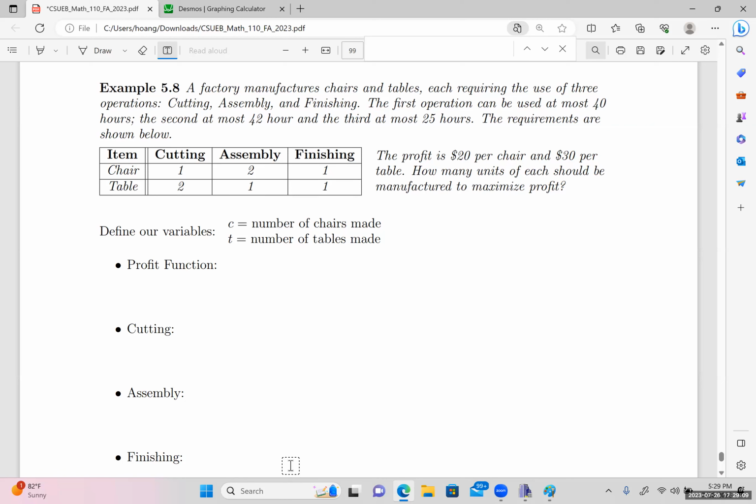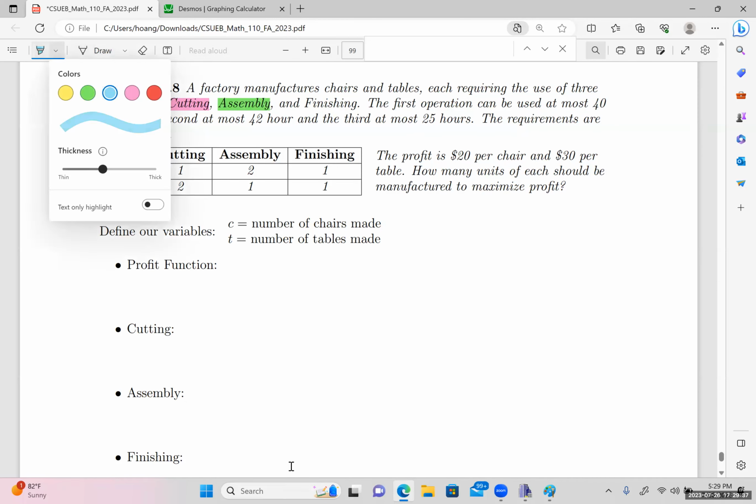Okay. So example 5.8: a factory manufactures chairs and tables, requiring the use of 3 operations: cutting, assembly, and finishing.